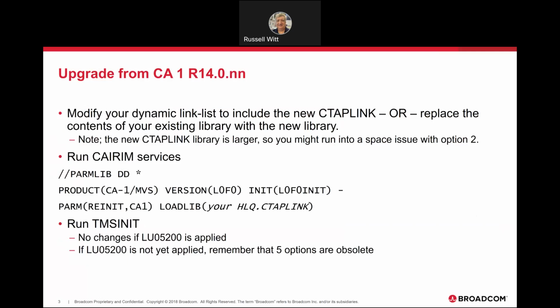However, note, the new CTAP link library is larger than the one in 14.0, so you might run into a space issue if you do not have secondary allocations defined, and for linked list libraries, a lot of sites don't. So it might be easier to simply, if you're using a dynamic link list, include the new 15.0 CTAP link ahead of the 14.0 CTAP link library in your linked list concatenation.